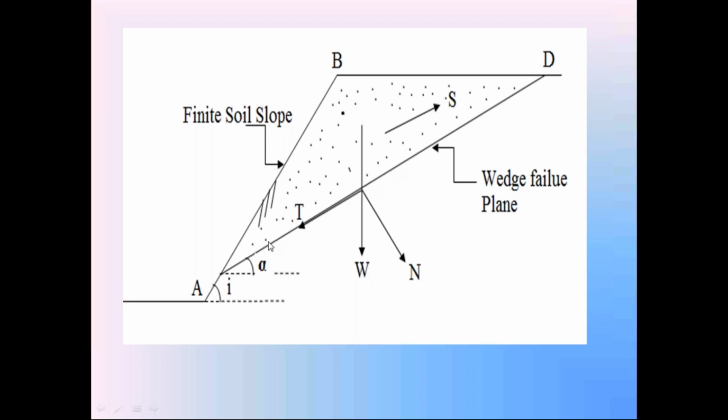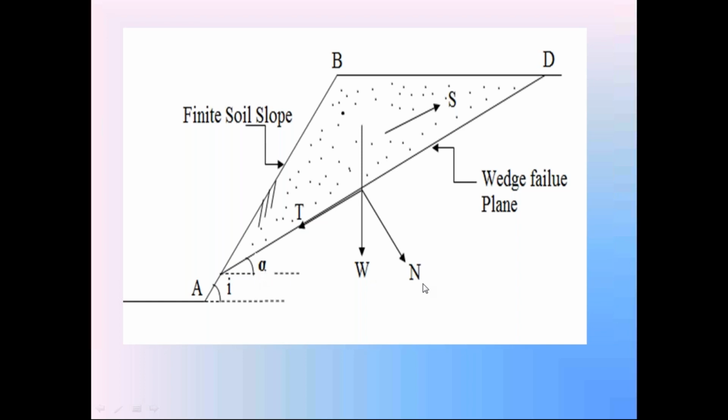Now on this failure surface AD, resolve this weight W into two components, normal component N and tangential component T. Measure the angle made by the failure plane AD with respect to horizontal, take it as alpha.